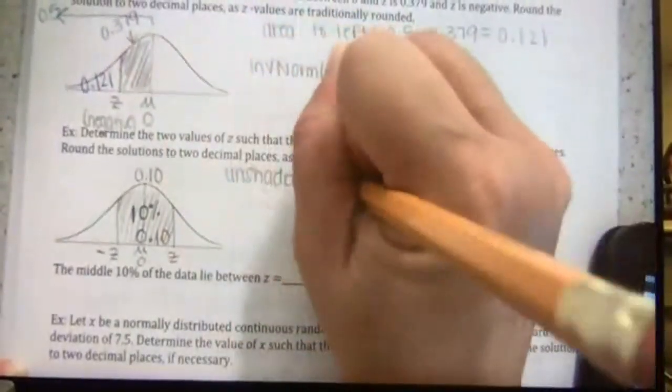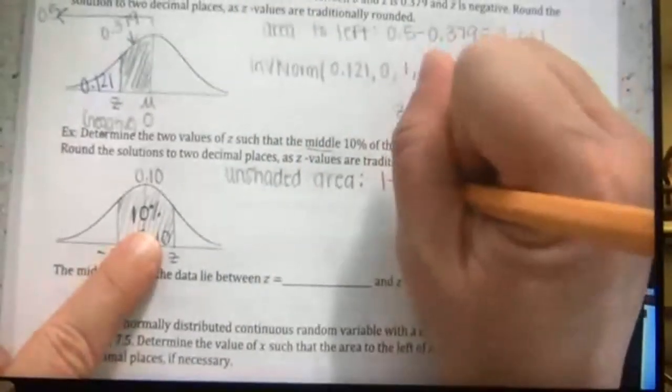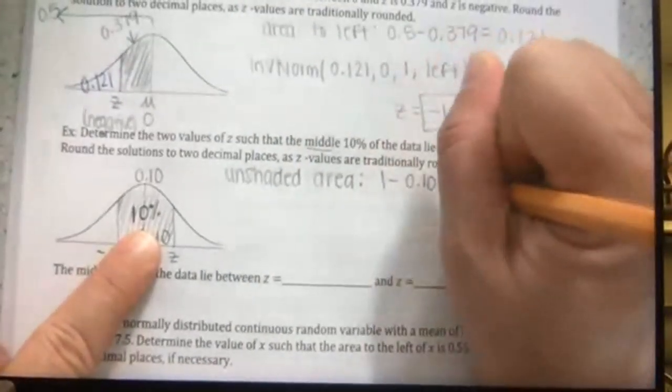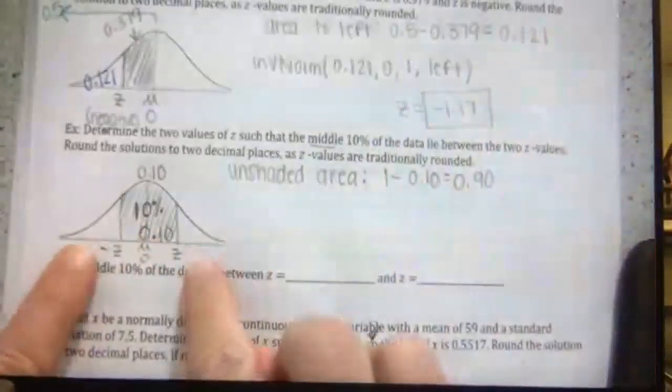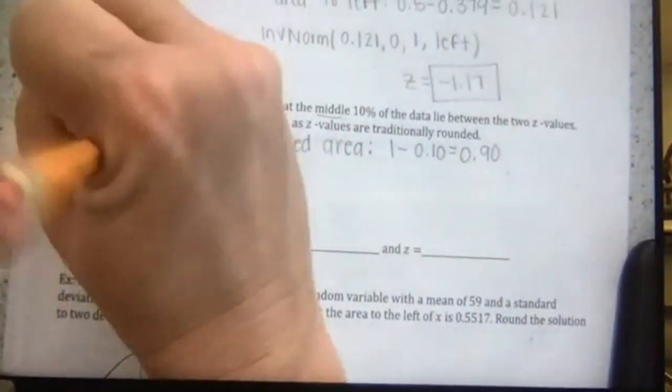So we're going to first find our unshaded area. If we know the whole thing's 1 minus our shaded area, which is 0.10, that would give us 0.90. But that 0.90 is split up into 2 symmetric pieces. So divide by 2. That means this is going to be 0.90 divided by 2, which is 0.45.